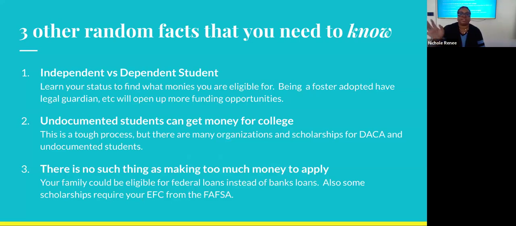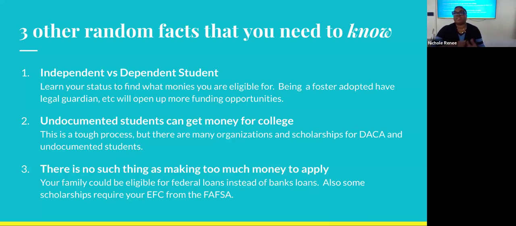I'm going to speed through this because this is old now. Most of you are dependent students, meaning that you live with your parent or guardian. Even if you stay with your grandmom or your aunt, you may still be in contact with your biological parent. And so they're going to ask for their information for your FAFSA. So you're considered a dependent student.